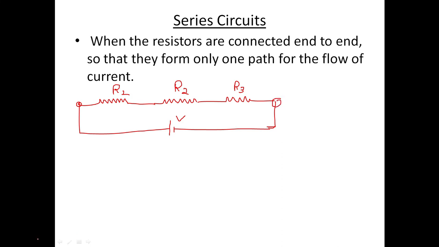In a series circuit, R equivalent or equivalent resistance is given by the summation of all the resistances connected in series, that is R1, R2 and R3. So R equivalent equals R1 plus R2 plus R3.